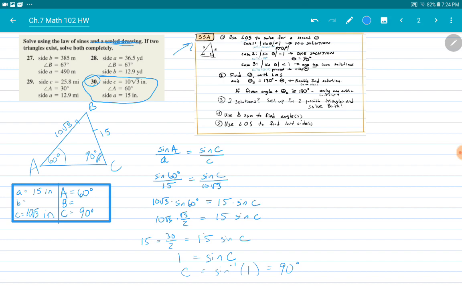To get those B's, I can't use the law of sines directly because they're in the same proportion, so I'll get two variables. So that brings us to, I'm sorry, I actually kind of skipped a step here.